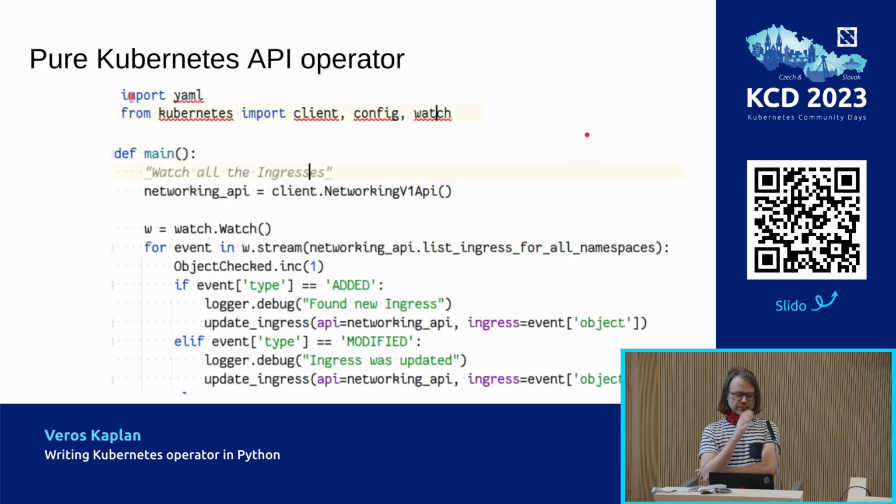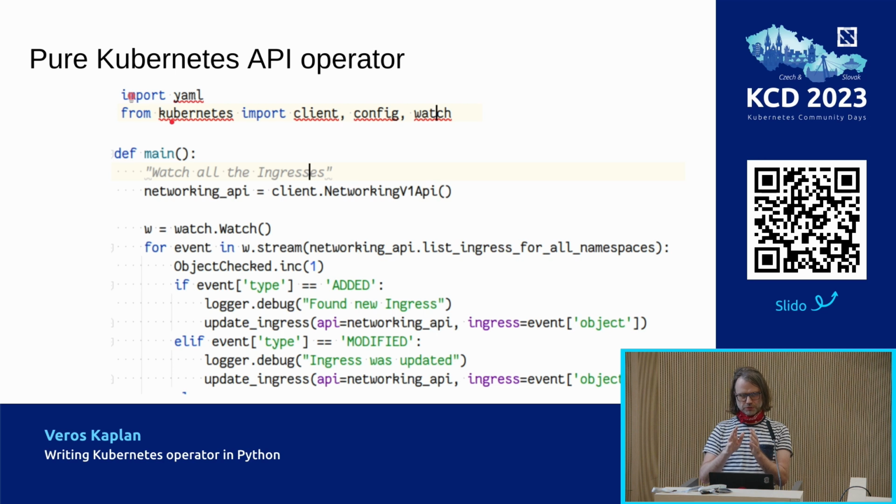So when we started writing operators, there was a presentation in the morning. The guy showed us we can use Go, we can use Java, we can use some operator framework and so on. It's possible to write operators in pure Python.